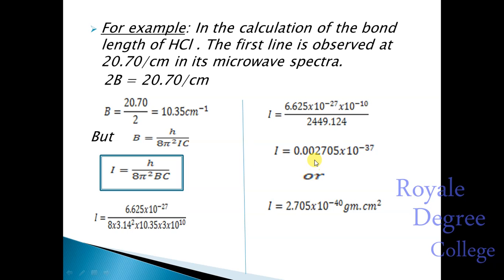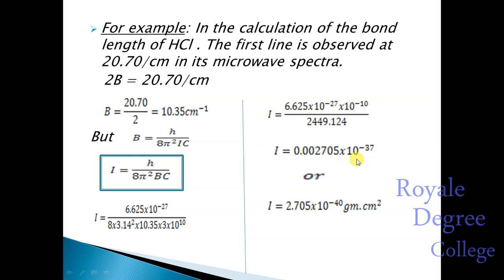So we will get I equal to 0.002705 into 10 to the power minus 27, and 10 to the power minus 10. We are adding both the values, so you will get 10 to the power minus 37. Now look at this very carefully. If we bring this point one digit towards the right hand side, one number will increase here, that is 10 to the power minus 38 we can write.